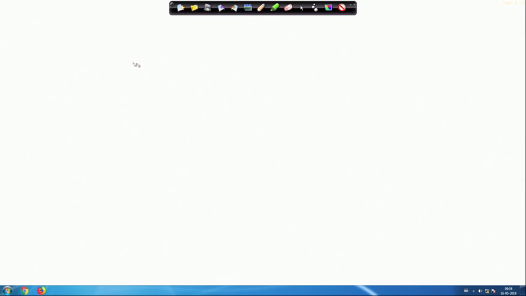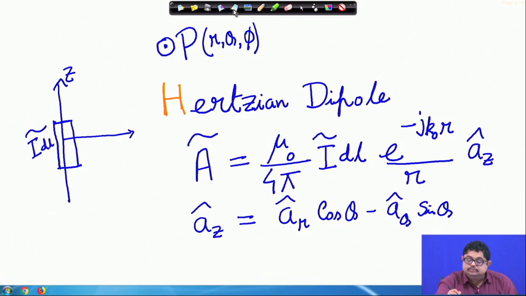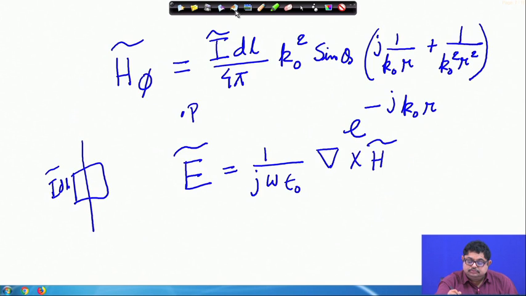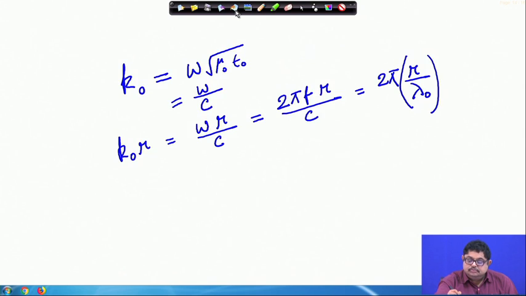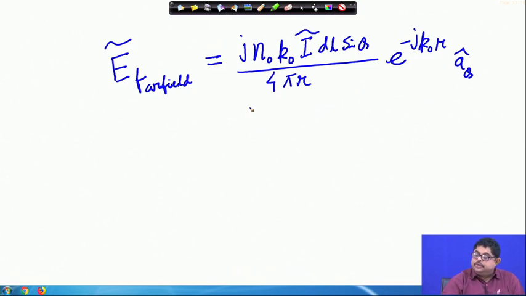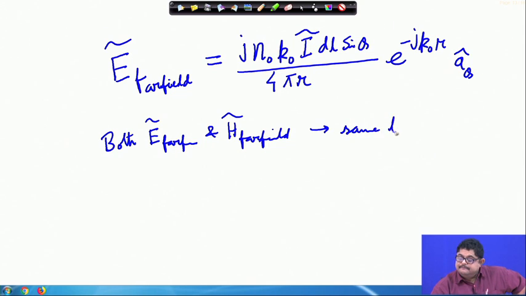So, can I say that both E far field and H far field are at the same time phase, because both are j.